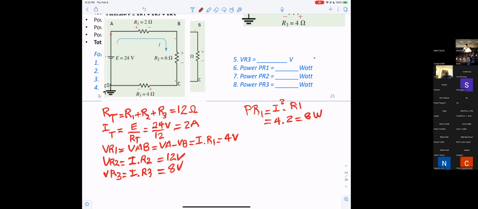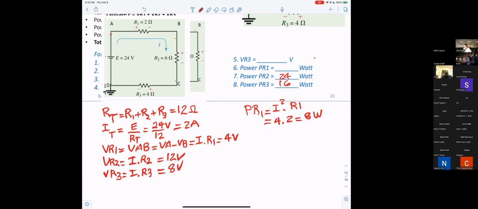And you can calculate PR2, I squared R2, 4 times 6, 24. PR3 is I squared R3, 4 times 4, 16.